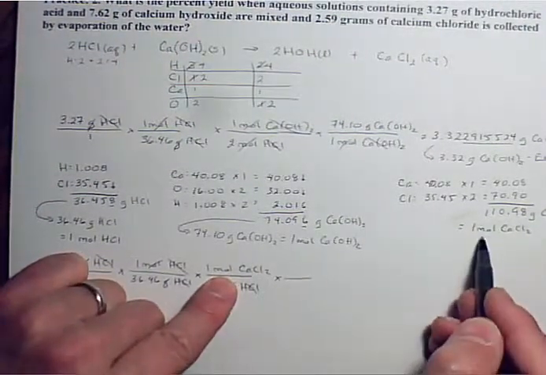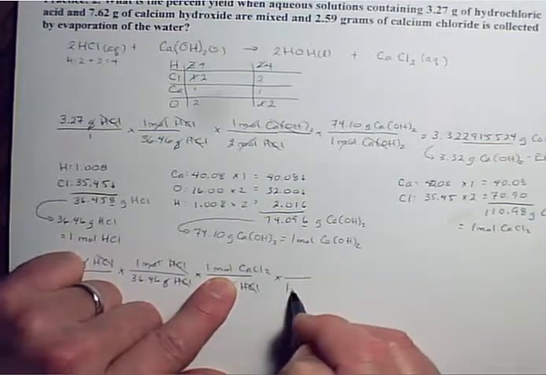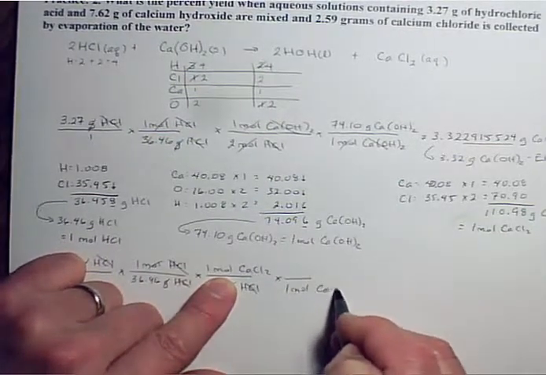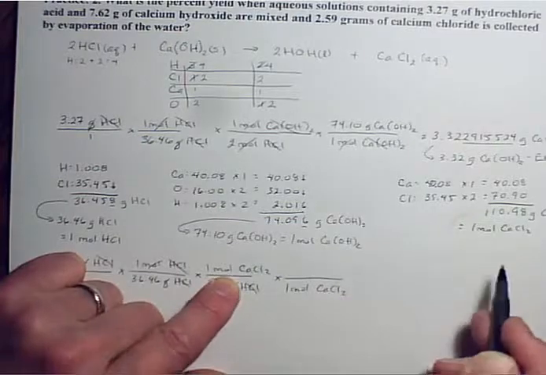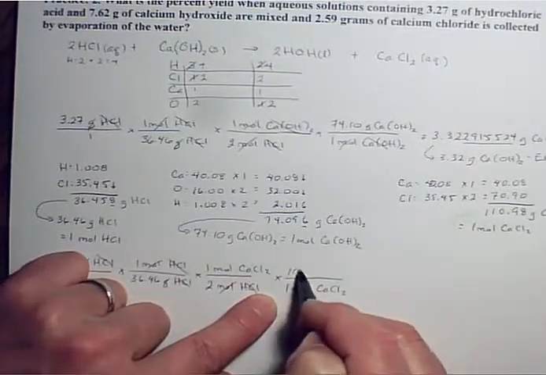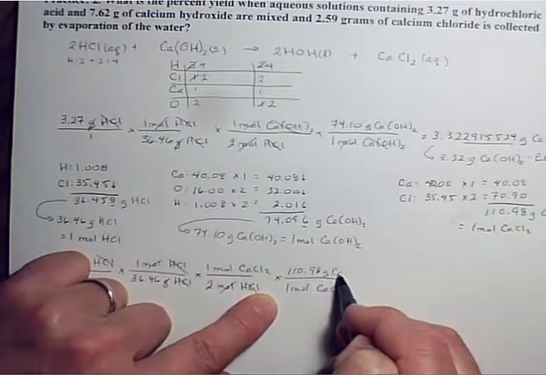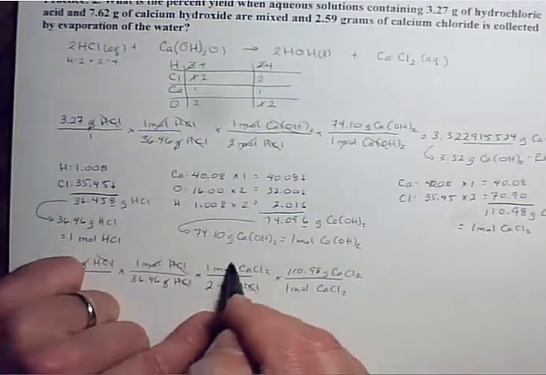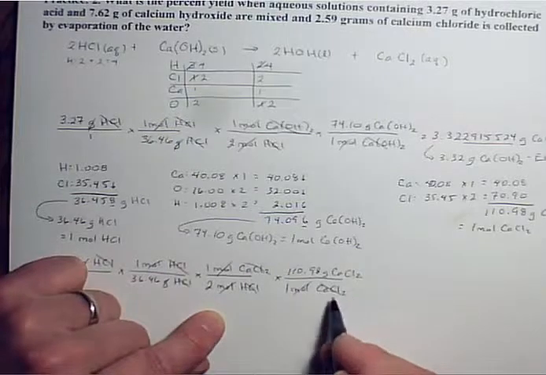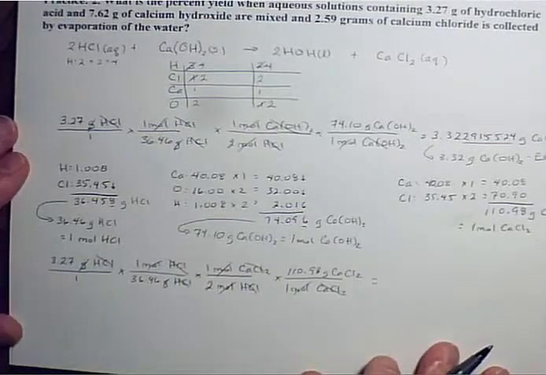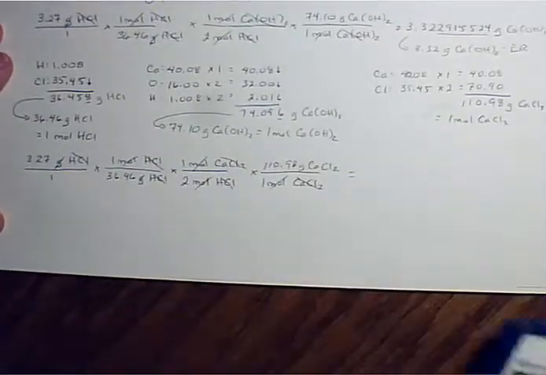We've got moles on the top here, so we want these moles on the bottom here: 1 mole of calcium chloride. And we want the mass on the top, 110.98 grams of calcium chloride. Cancel out moles and cancel out calcium chloride, and we're ready to do this math.